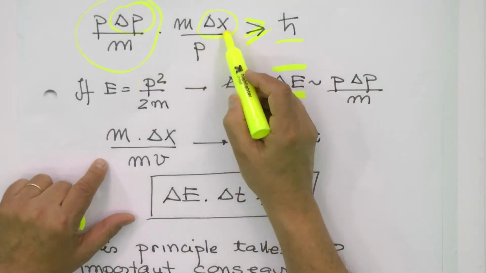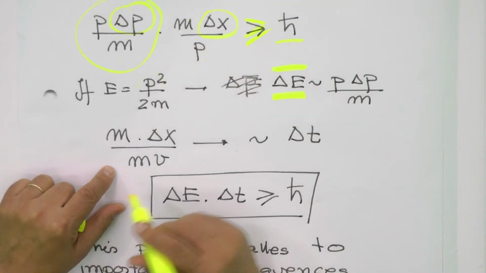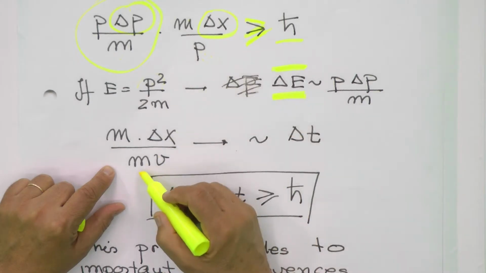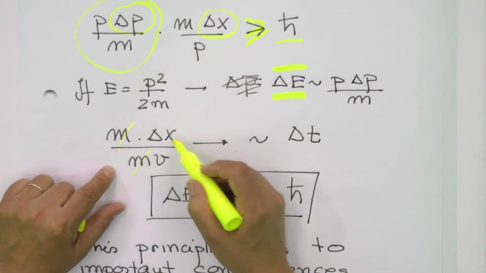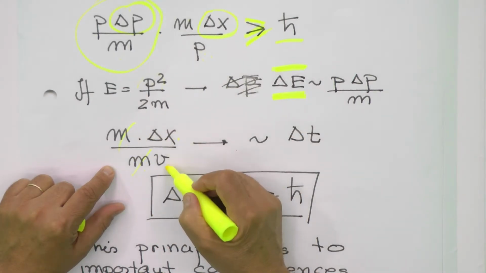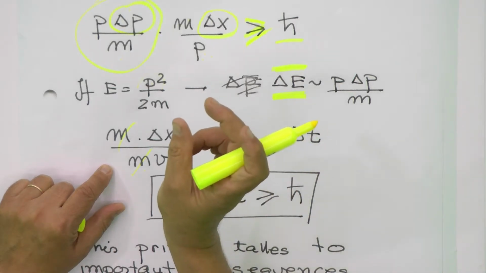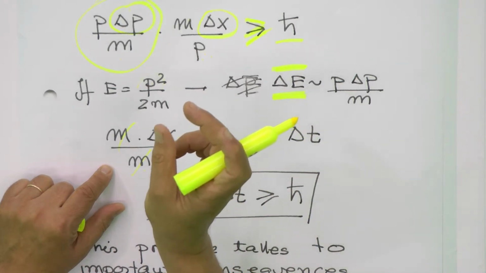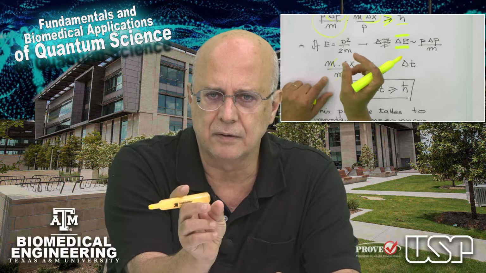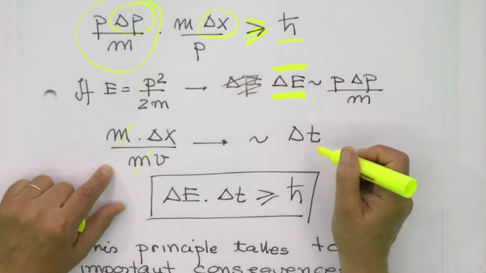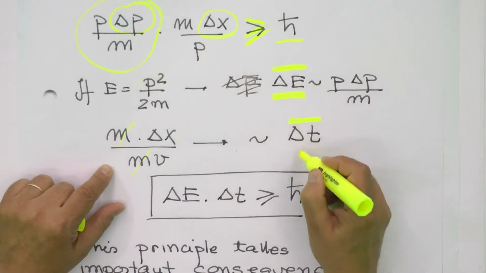And m delta x divided by p, if I substitute p by mv, is delta x divided by v, which is the time that the particle is living in that region. So it is delta t.